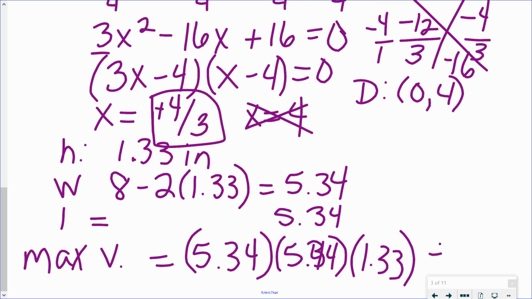And we should have gotten 37.93 inches cubed. Don't forget to label. Okay, remember I will be available every Monday and Wednesday night during your class time for questions, because I know this unit is a little difficult.